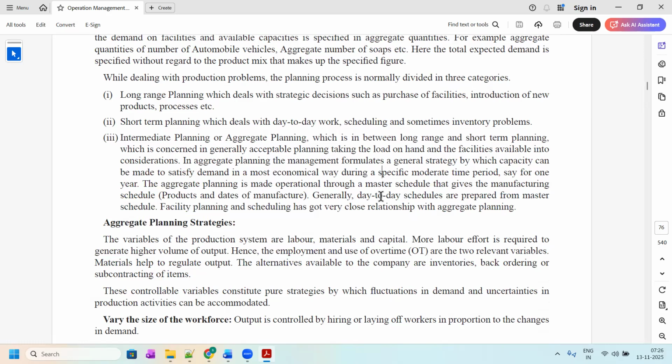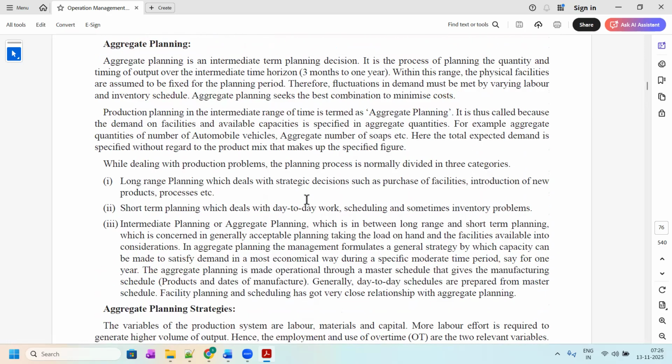So that is the objective of aggregate planning, where a company is focused on using whatever available resources they have, in terms of machines and workers, to plan the production within a year.